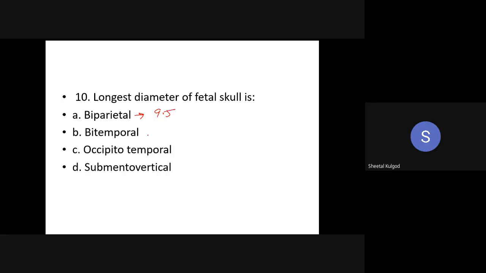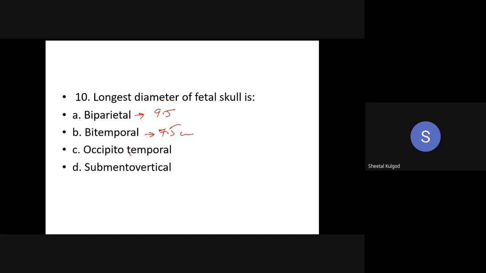Okay. Bitemporal? We just now had a question on this. It is the shortest diameter of the fetal skull. How much is it? You forgot already. It is 7.5 centimeters.